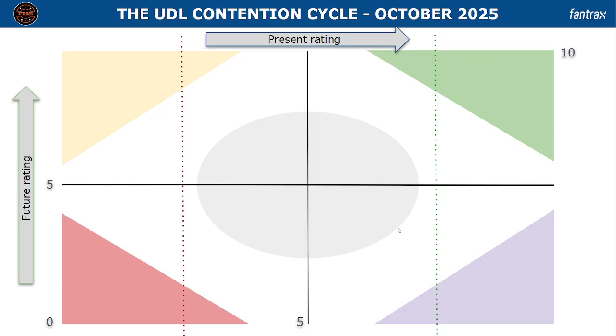And here on the bottom right are the teams that have basically sold their souls for the present, so they are contending now and have traded away futures. And here on the top left in the yellow corner are the rebuilding teams who are building up future assets in order to improve their present rating in the next years.